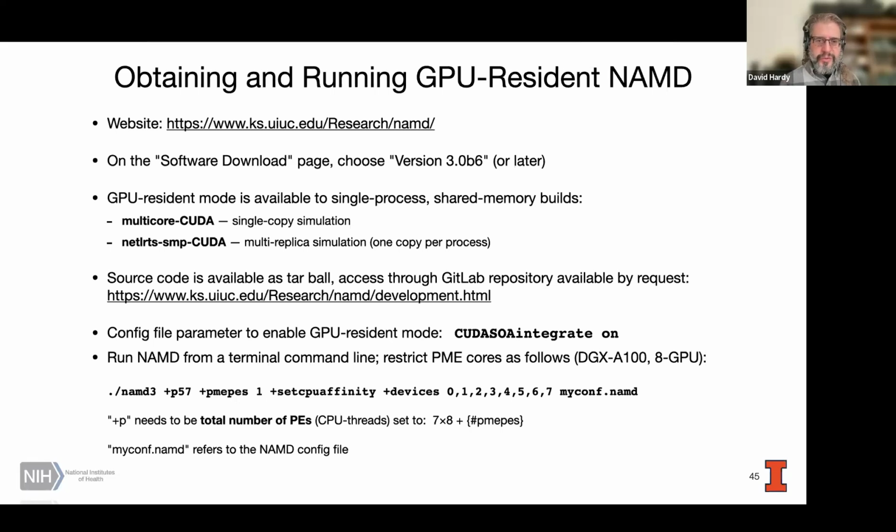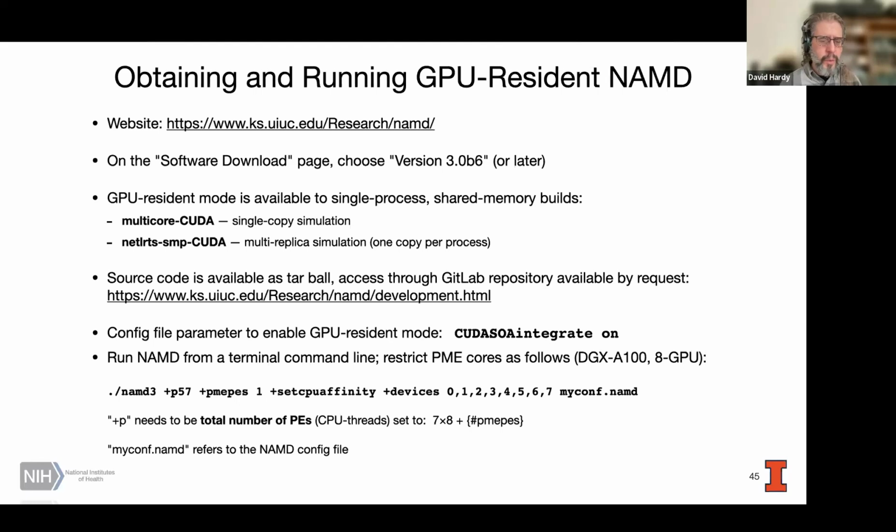The source code is available as a tarball on the site. You can also, and so that's the link there on the page to get access to our Git repository for NAMD.